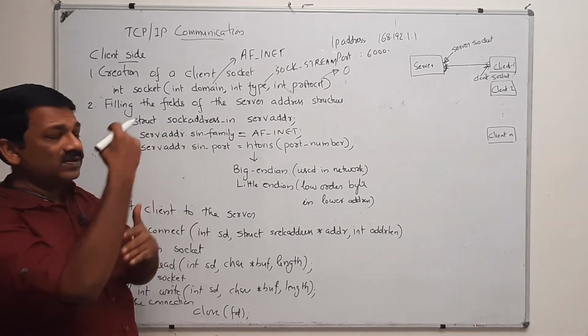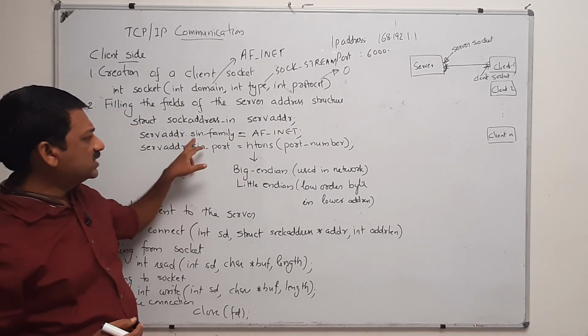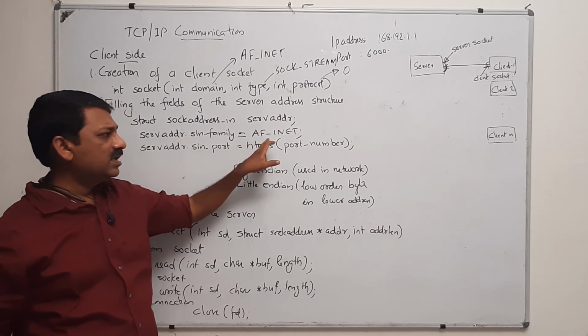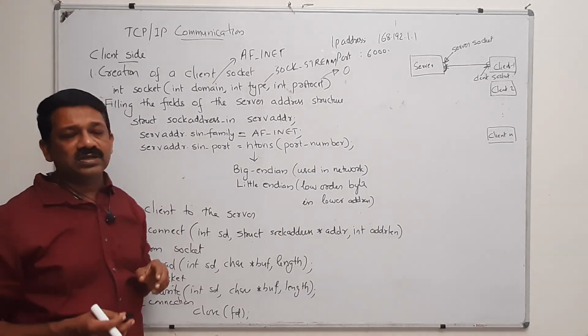That means on the other side for the server also, the sin_family field of that server address structure we have to fill up as AF_INET. Then we have to fill up the port, sin_port.